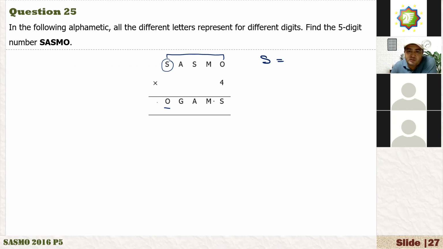Otherwise we would have 6-digit numbers. So S can be either 1 or 2. We have to consider these cases separately: what happens if S equals 1, and what happens if S equals 2?